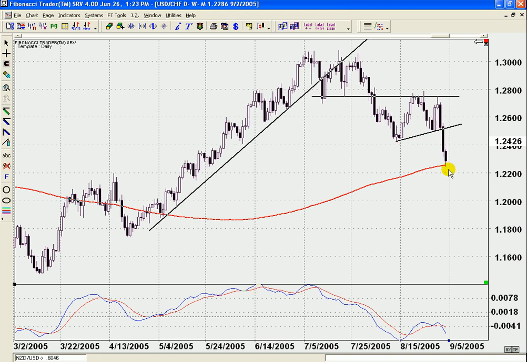Price comes down and touches the 200-day moving average, which is a natural level of support and resistance. That's good. We are in the state of divergence now. So if price turns here, then we will see the MACD turn here, and it will have made a higher low than the previous.